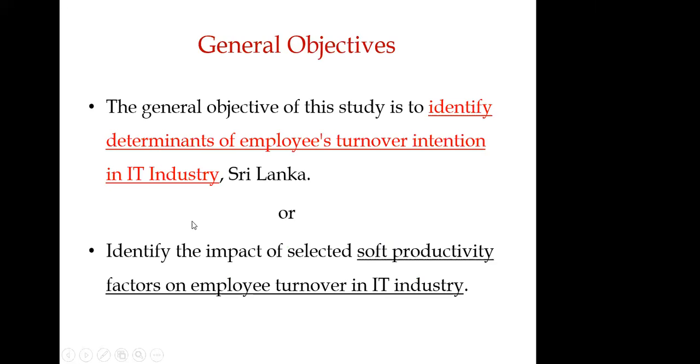Their requirements, we define objectives.